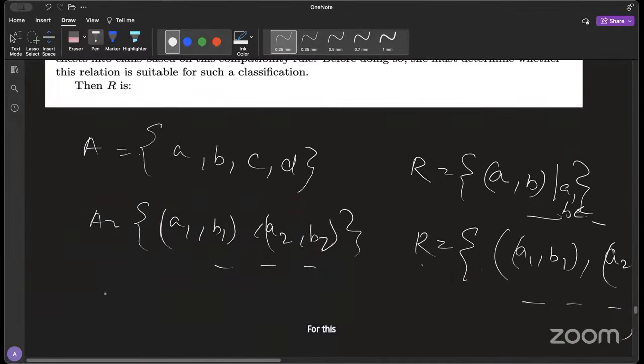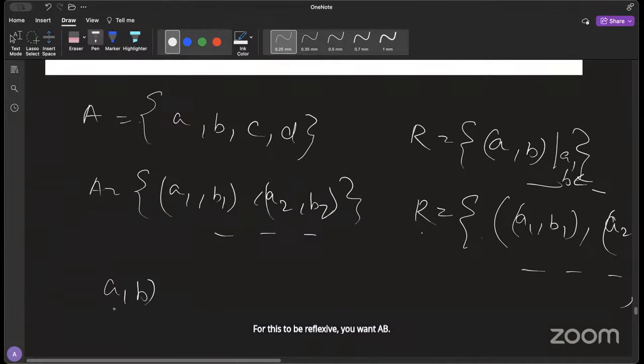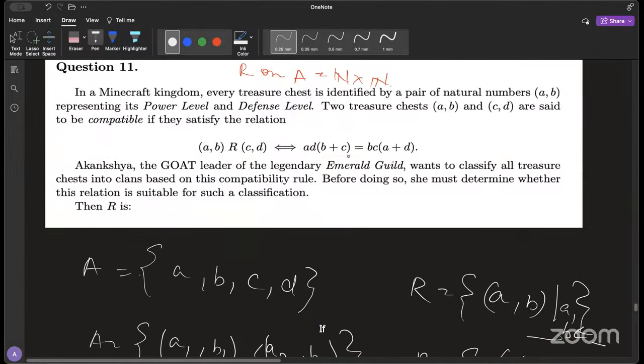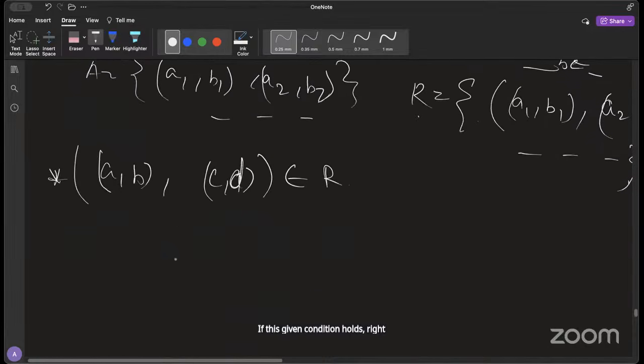For this to be reflexive, you want AB, comma, CD, this pair to be in the relation if this given condition holds. So let's check if this is reflexive or not.